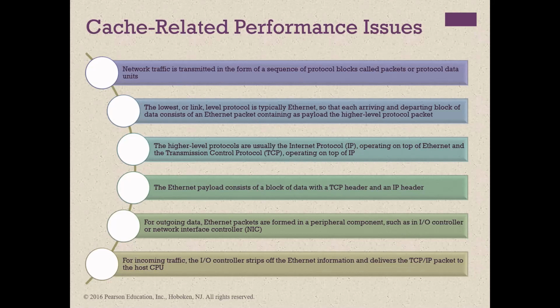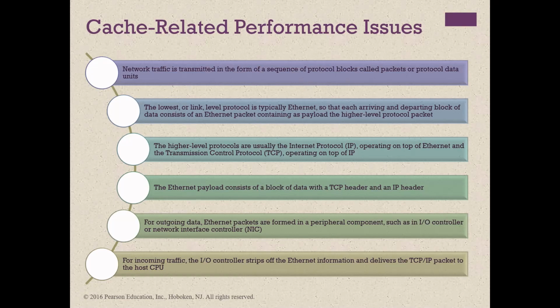For outgoing data, Ethernet packets are formed in a peripheral component, such as an I/O controller or a network interface card, NIC. Similarly, for incoming traffic, the I/O controller strips off the Ethernet information and delivers the TCP/IP packet to the host CPU.